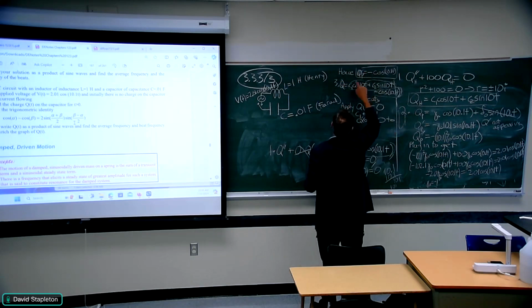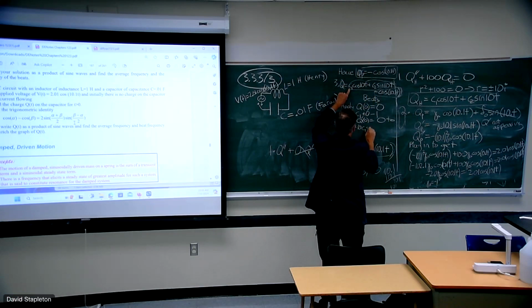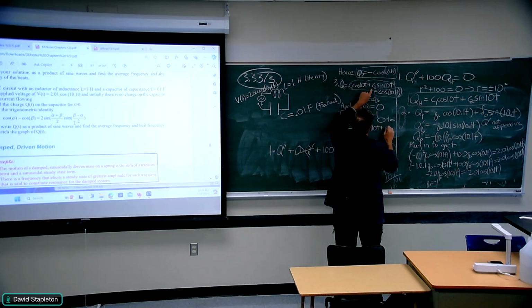So QP is this. And Q prime is now the derivative. This is minus 10 C1 sine 10t plus 10 C2 cosine 10t, and the derivative of this one is plus 10.1 sine 10.1t.